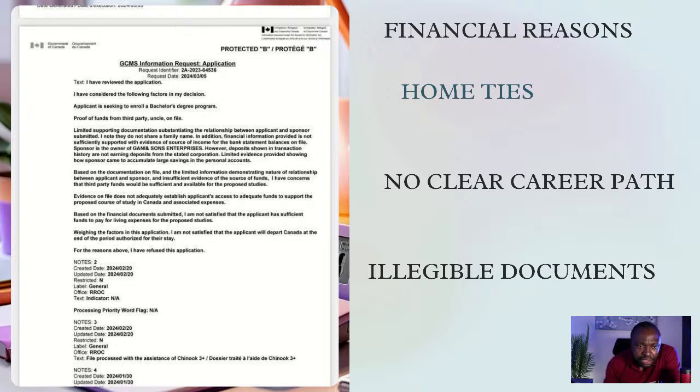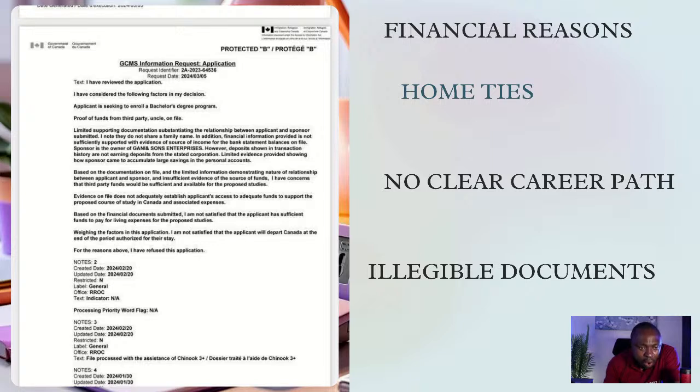Based on the documentation on file and the limited information demonstrating nature of relationship between applicant and sponsor, and insufficient evidence of source of funds, I have doubts that third-party funds will be sufficient and available for the proposed studies. Evidence on file does not adequately establish applicant's access to adequate funds to support the proposed cost of study in Canada and associated expenses.